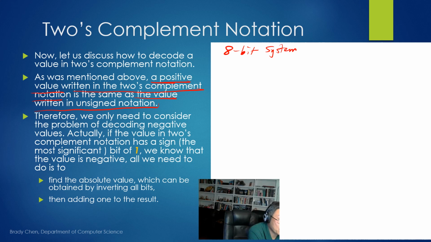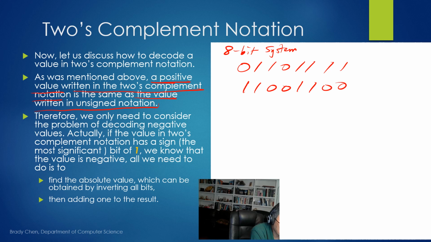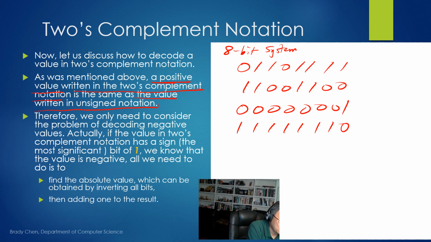Let's think about a couple of numbers. 01101111, 11001100, 00000001, or 11111110. We know that if the most significant bit is 0, then this number is actually a positive number. So this is also a positive number because the most significant bit is 0.